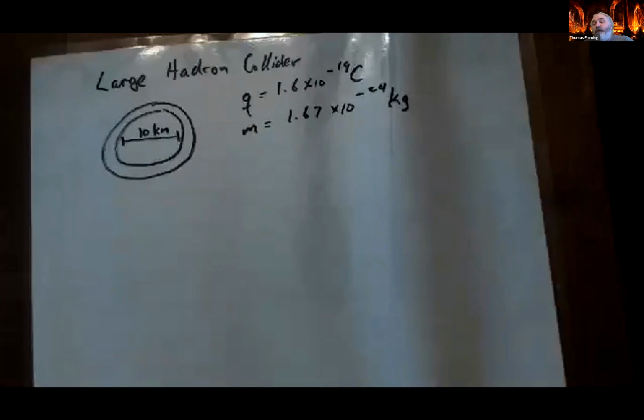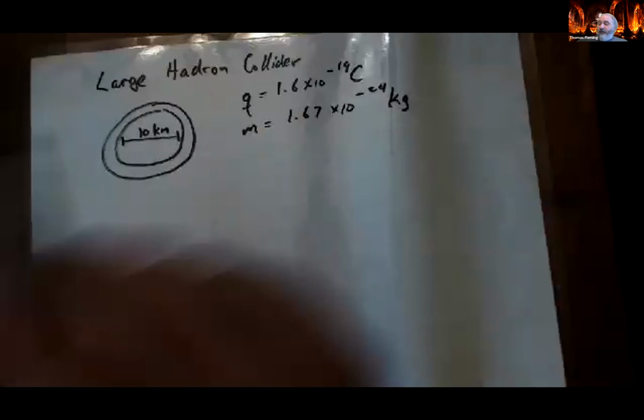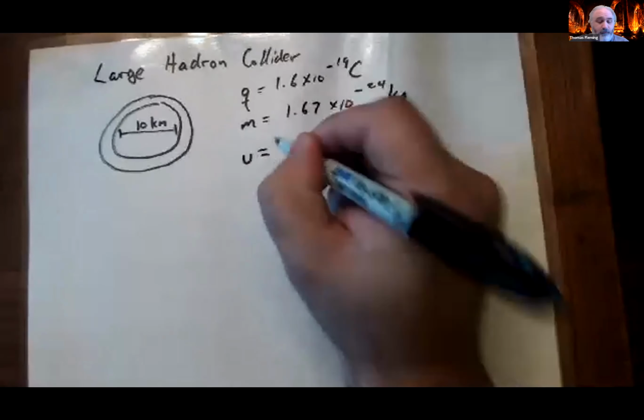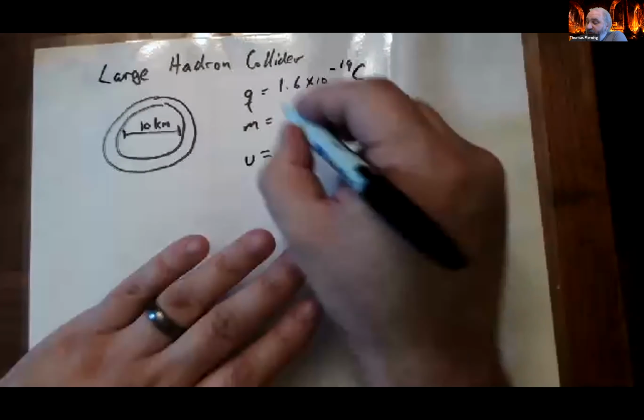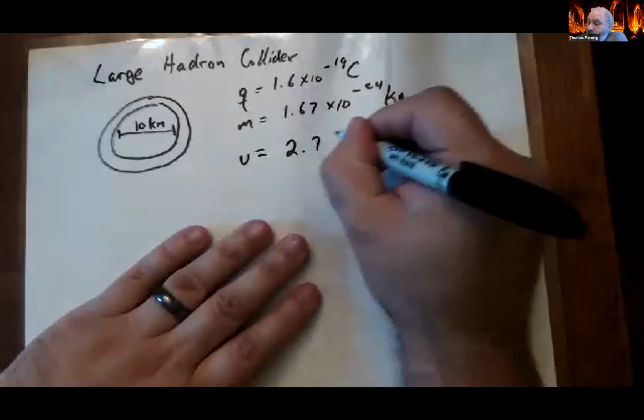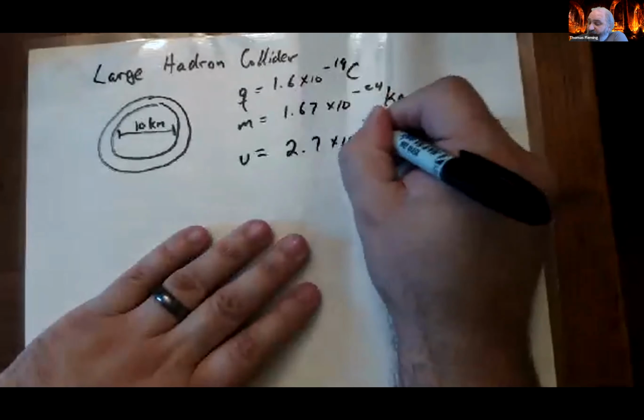And I want to rev this thing up to about, let's say, 90% of the speed of light. So that's about 2.7 times 10 to the 8th meters per second, which is blazing fast.